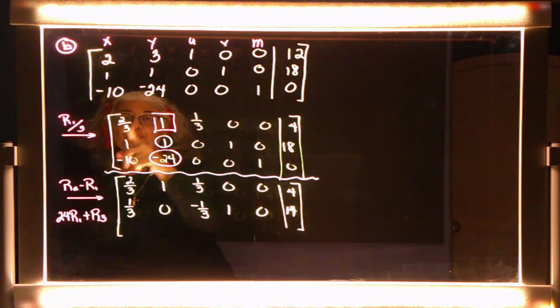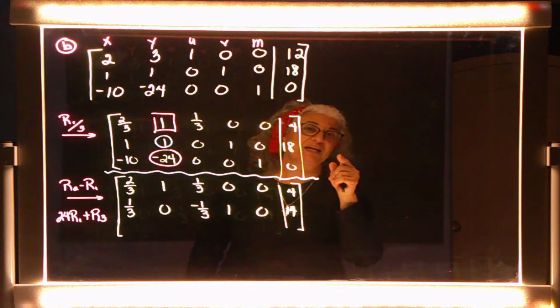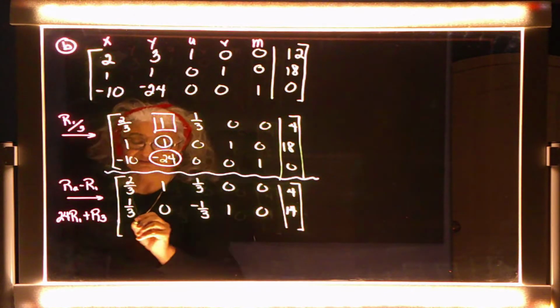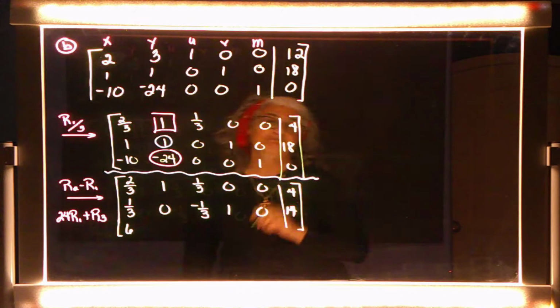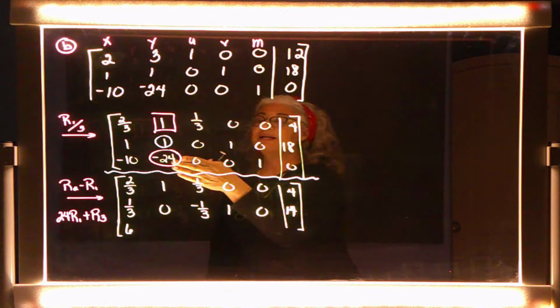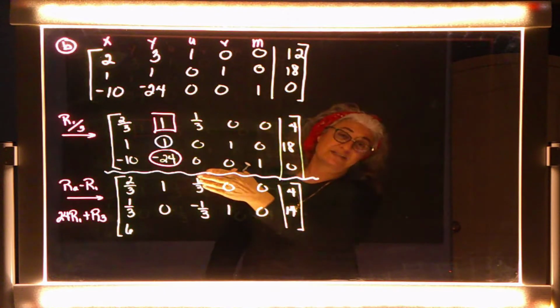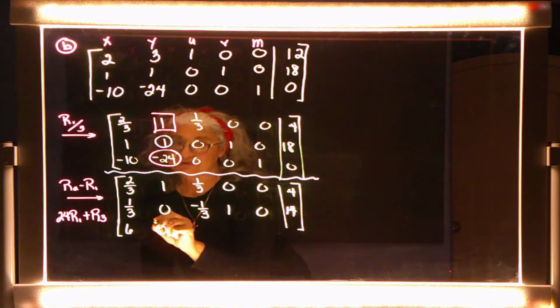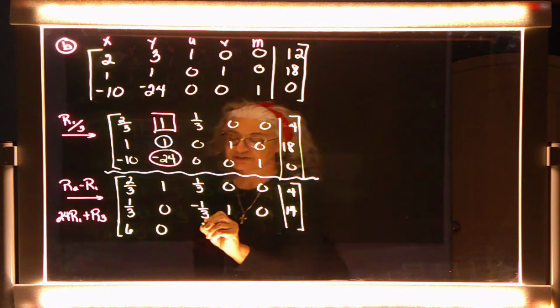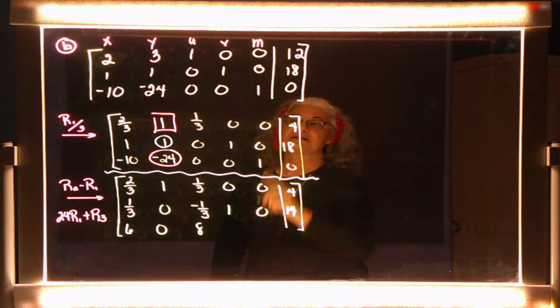So we're going to do 24 times the 2/3. What'd you guys get? Yeah, that is 16 plus the negative 10. So there's a 6. 24 times the 1, 24 minus the 24, or I should say plus the negative 24, is 0. 24 times a third, 8, plus the 0, still 8.